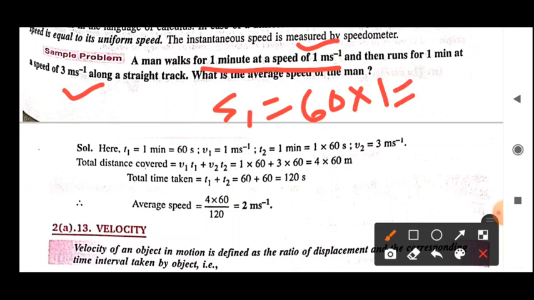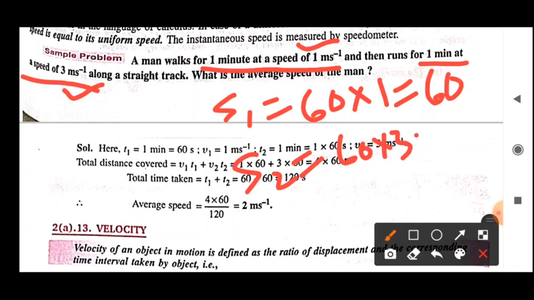So 60 meter distance is travelled. Now in the second case, for 1 minute at 3 meter per second speed, the s2 distance will again be 60 into 3. So this is 180. Now these are the two distances travelled by the man on a straight track.